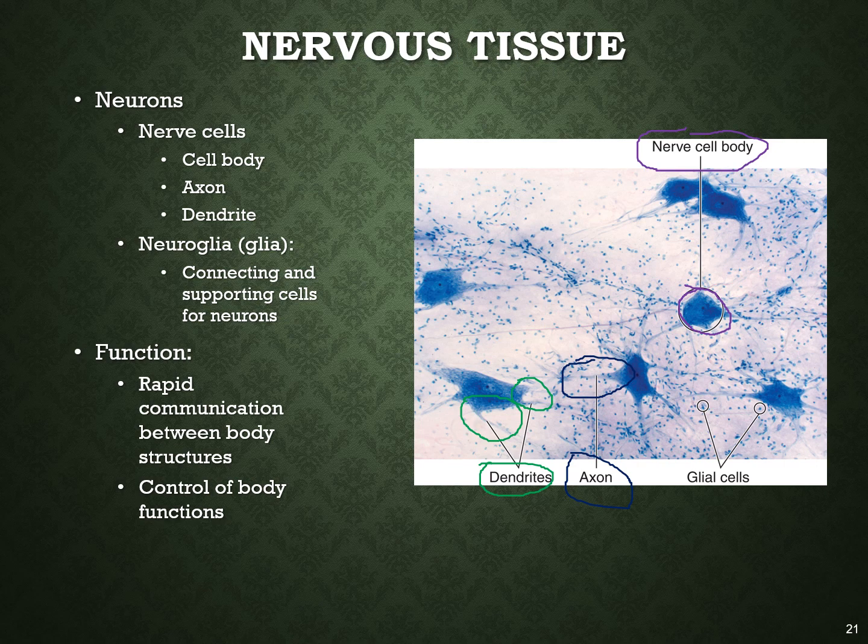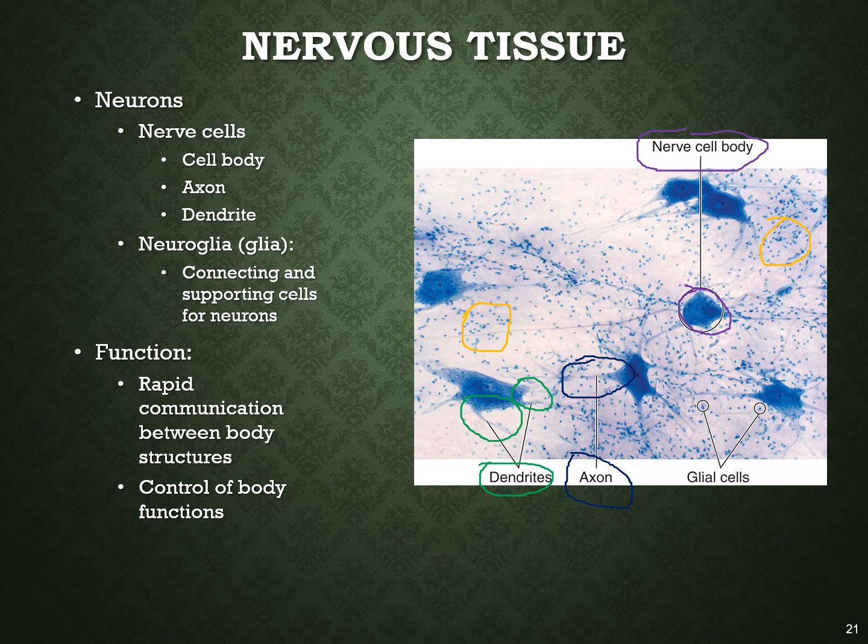Now, there are little supporting cells, and you can see all of these little blue dots I'm circling in yellow, and these supporting cells are called neuroglia or glia, and the job of these is to connect and support nerve cells.